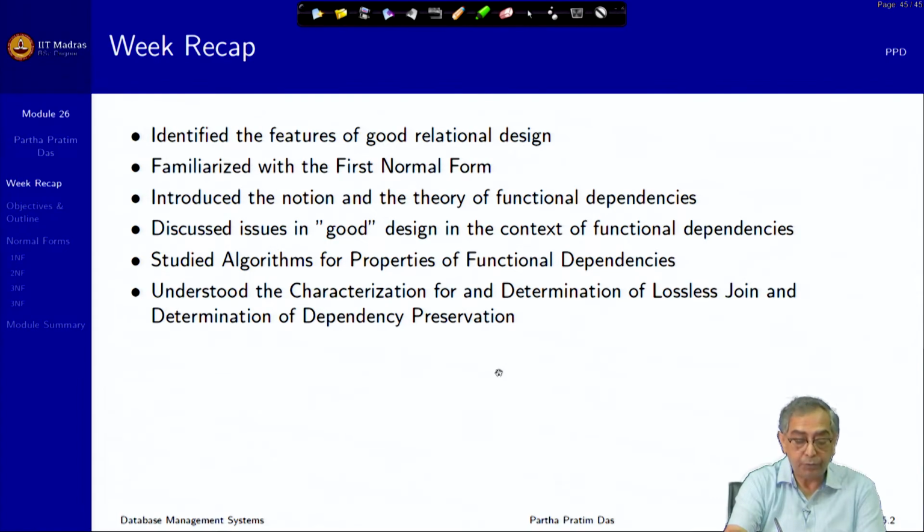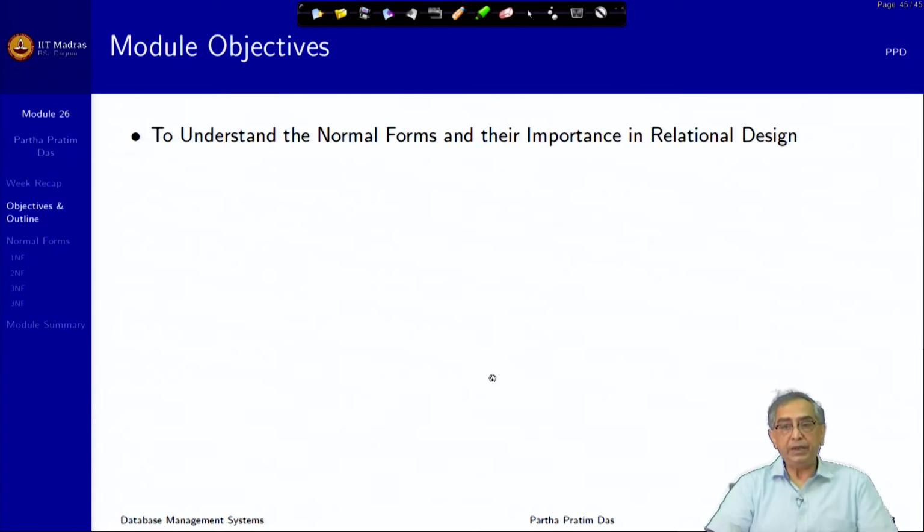In this week, we will continue on that, developing that, and in the current module, I will take you through some of the initial normal forms of representation of relational schemas and how they are important in our design.